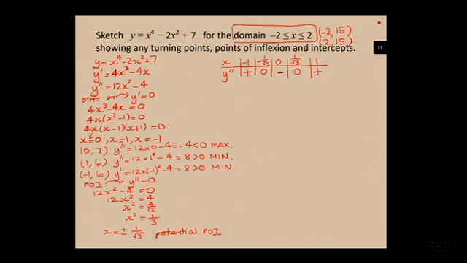So all I've done is merge 2 tables into one. Again, being economical, saving yourself some time in a quiz can be crucial to you. All right? So it looks like both of those have become points of inflection. So I'll just put a little tick there that there's been a change in concavity on both of them.